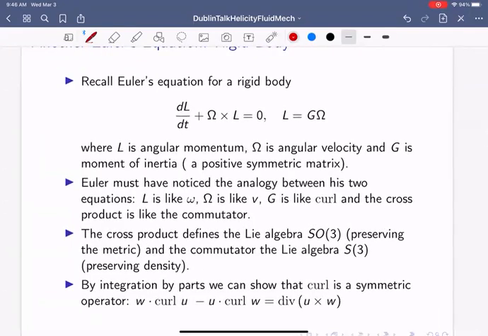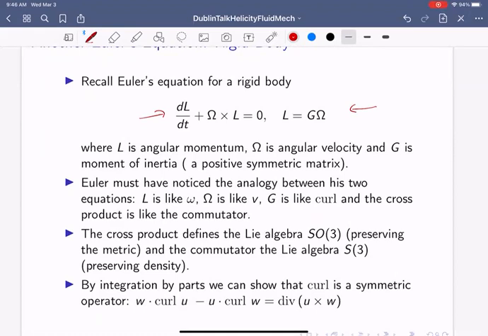So let me review a little bit the rigid body mechanics. I'm talking about a rigid body in the absence of external forces, external torques. In the absence of external torques, the equation of motion for a rigid body says that angular momentum in an inertial reference frame is conserved.